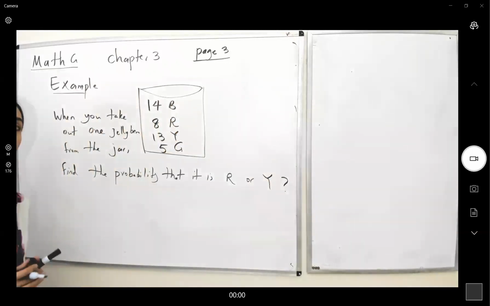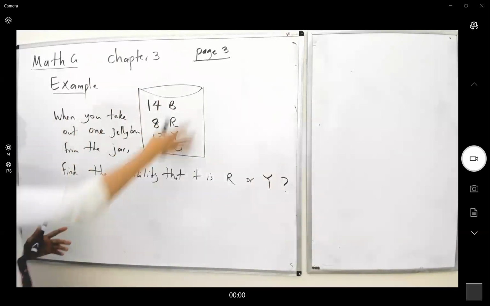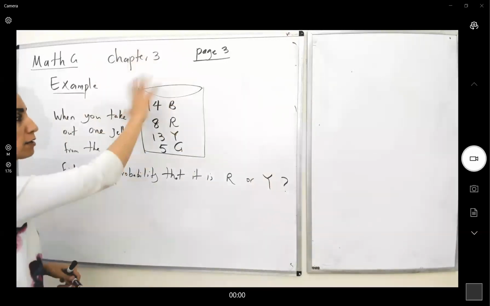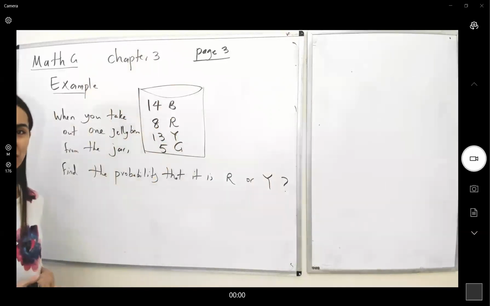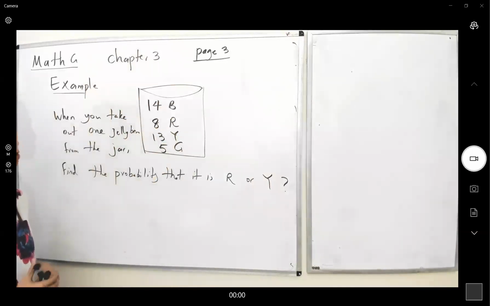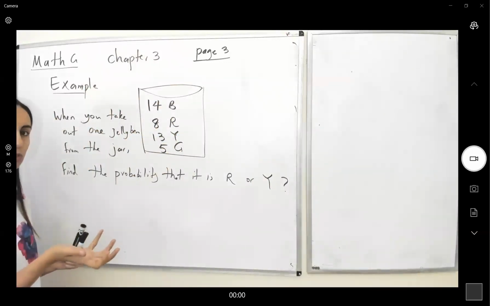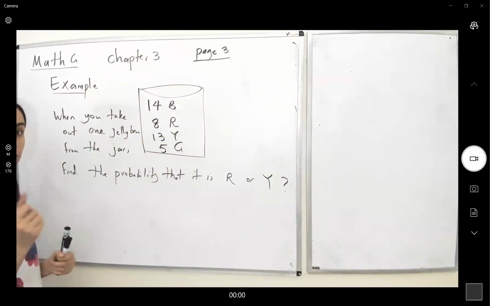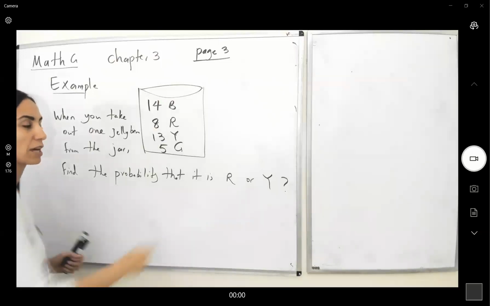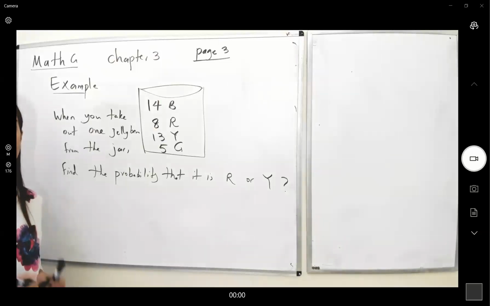What is the probability? Very well. So you have a jar. It includes these jelly beans. So you're taking out one jelly bean and you want to check to see what's the probability that jelly bean is red or it is yellow.